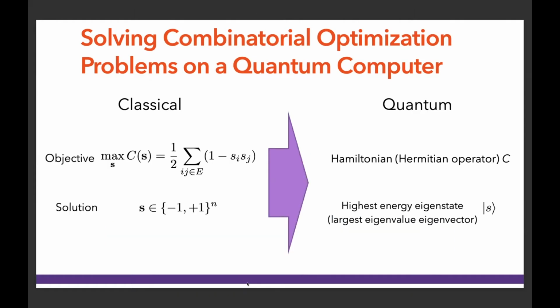So we're going to take our objective, where we're finding the string of plus and minus ones that maximizes our objective, and we're going to turn it into a problem of preparing the highest energy eigenstate of this Hamiltonian, or equivalently, in mathematical terms, the highest eigenvalue eigenvector.